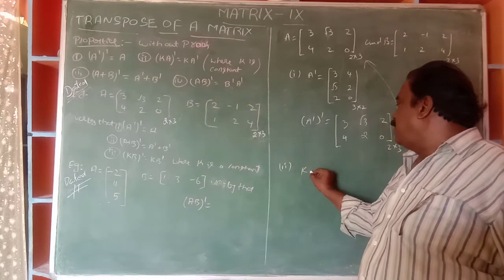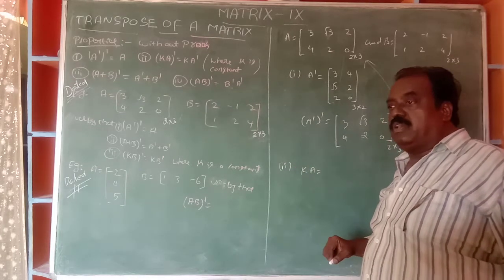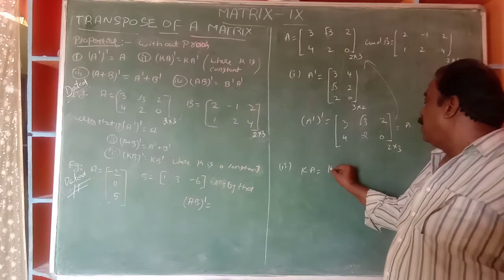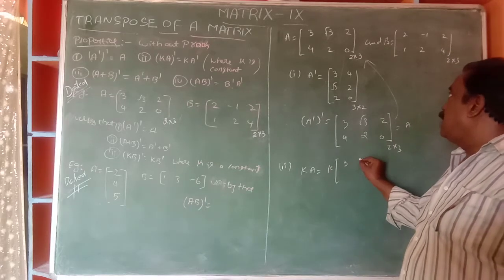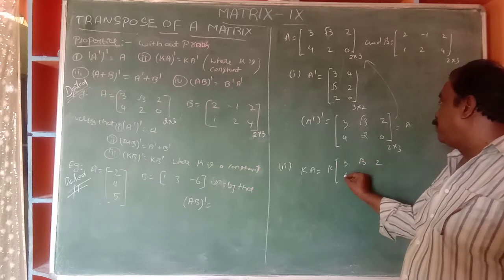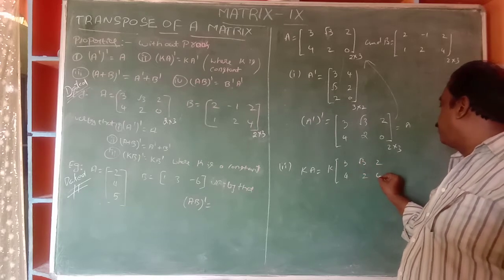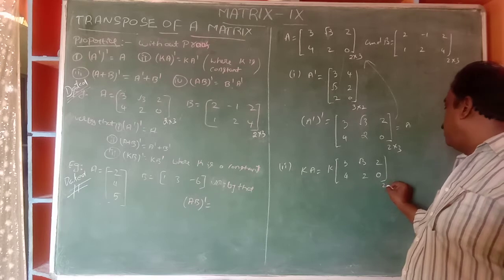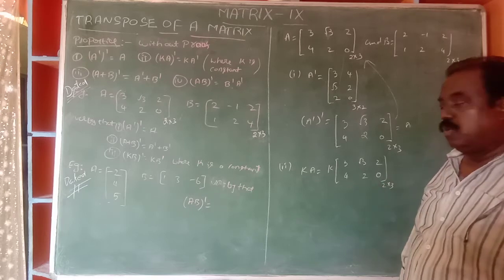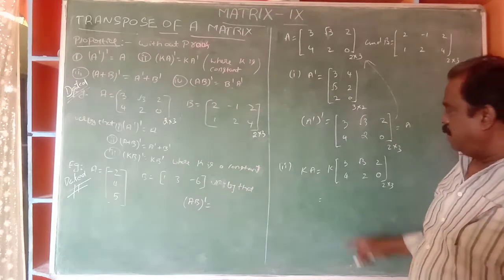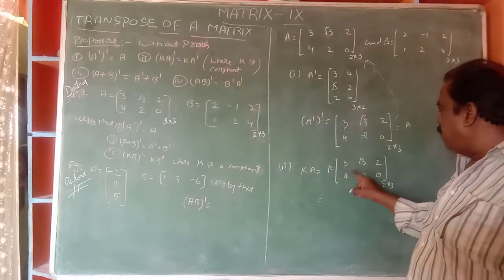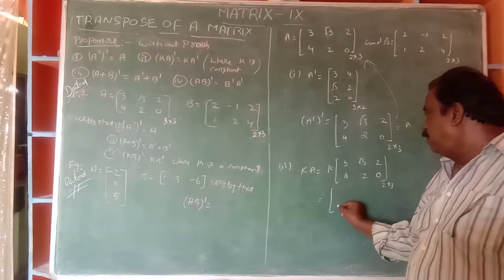Suppose kA, we first multiply. It is k into the matrix A, which is [3, root 3, 2; 4, 2, 0]. It is 2 by 3. The k, a constant, multiplies each and every element.